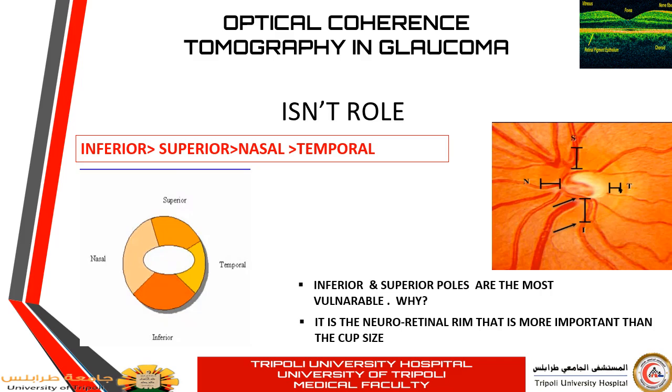And you can find a large cup of 0.6 or 0.7, and it is a normal cup because of a large optic disc. So the size of the cup is variable and is related to the size of the optic disc. So it is not a fixed landmark to concentrate on while you are diagnosing glaucoma. However, the neuroretinal rim is a much more specific and sensitive indicator of glaucoma.